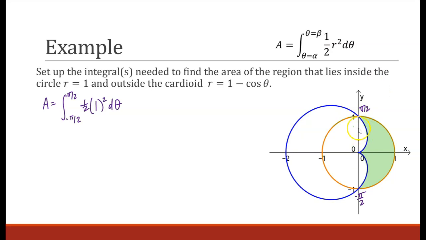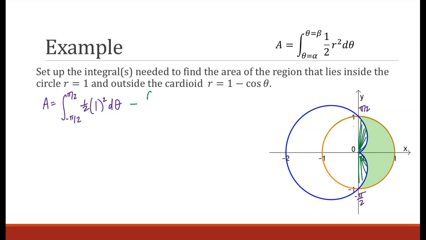So again, that's finding the area of that semicircle, the right side of this unit circle, but then I need to carve out, or I need to take away a portion of that. So I'm going to need to take away this little region here. And so the way that's going to be found is I'm going to subtract another integral.